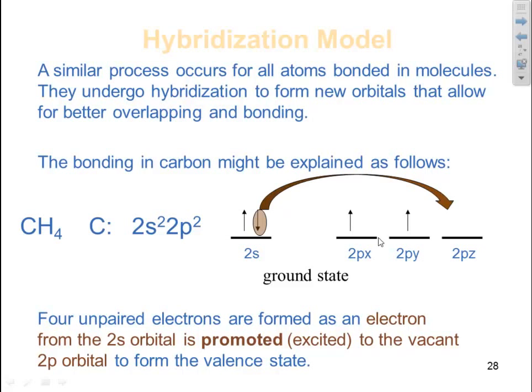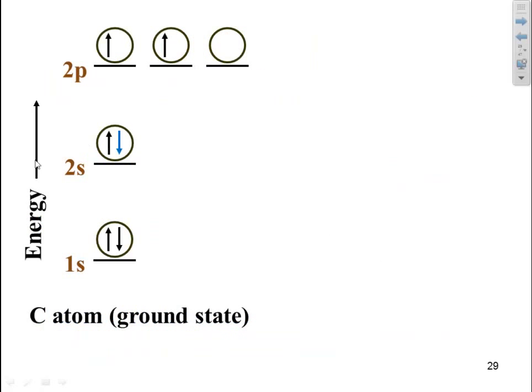However, it's still not in a good overlapping arrangement, so these 4 orbitals, the 2s, 2px, 2py, 2pz, are going to have to undergo hybridization. So here's your energy diagram. You have your 1s, which is not involved. You have your valence electrons. You have your 2s, which is 1 up, 1 down, and then you have 2p's.